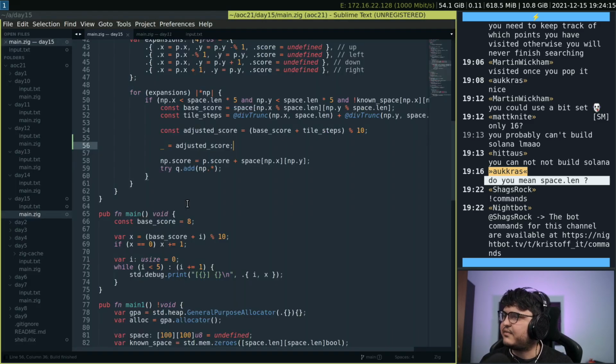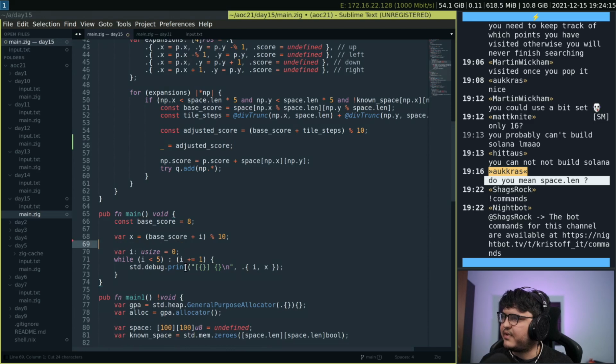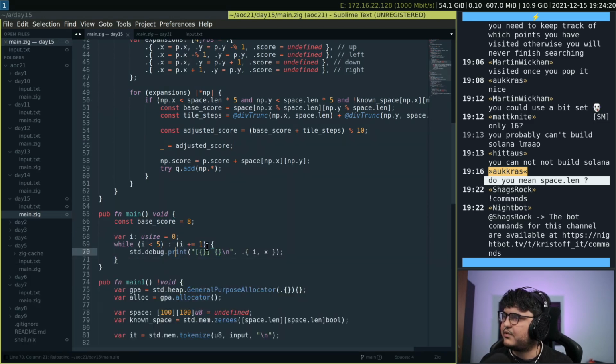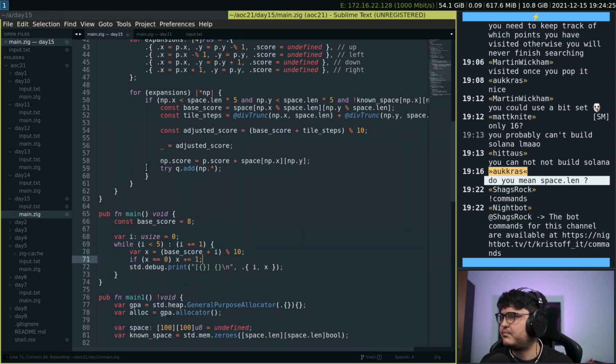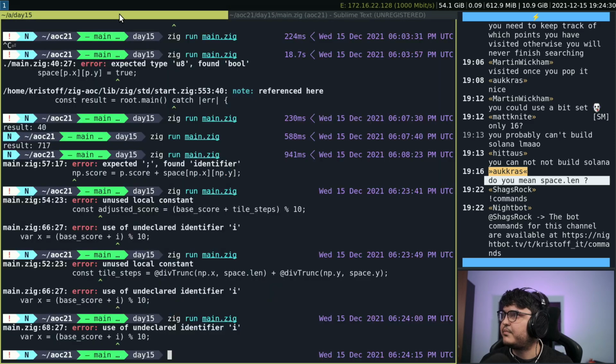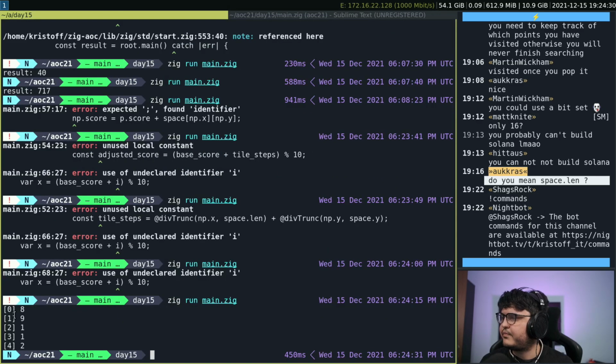Use of undeclared identifier i. Fair point. This needs to go in here. 8, 9, 1, 1, 2. Yeah, no. So you can just cheat with an if.